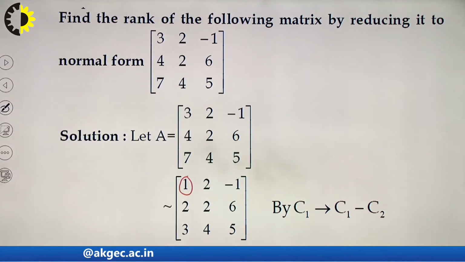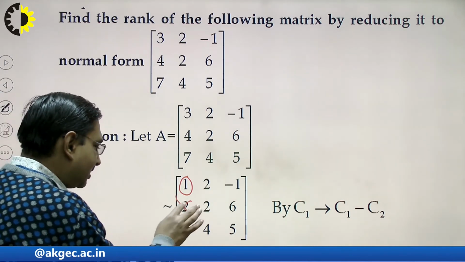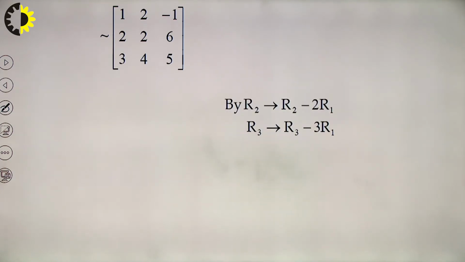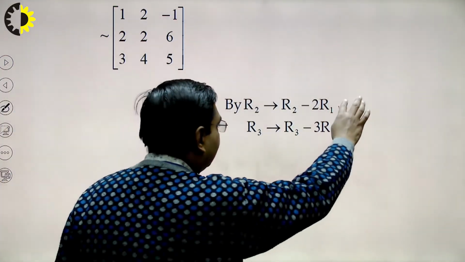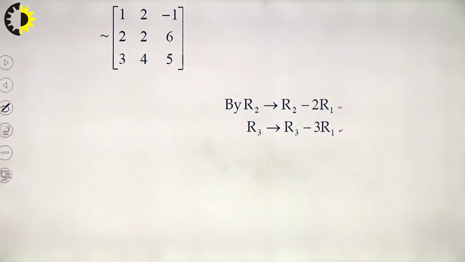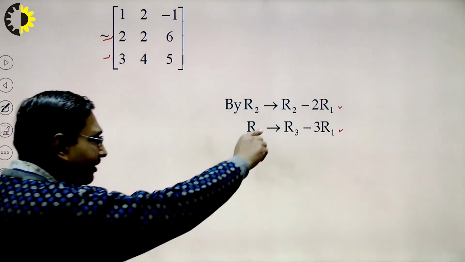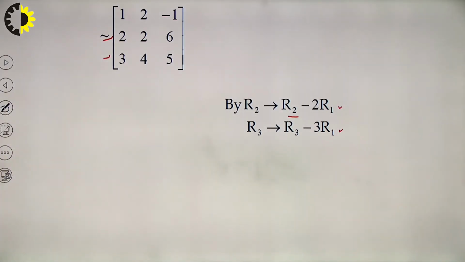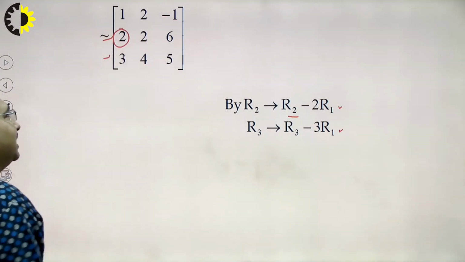With the help of this one, elements of that column will now be transformed to 0. For this I shall use suitable transformations. I shall use these two transformations to convert these two elements to 0. If I apply R2 replaced by R2 minus 2 R1, it will make this 2 as 0.